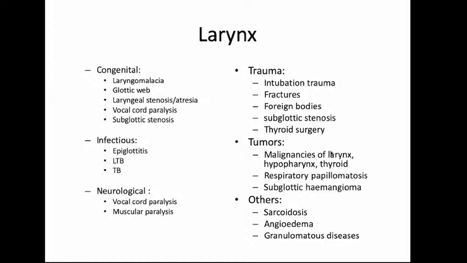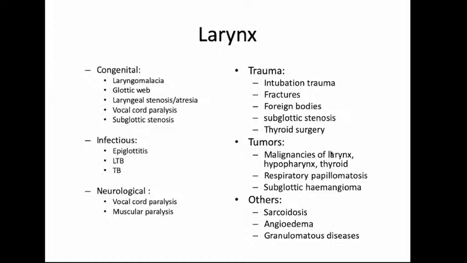Then we can have vocal cord paralysis that is congenital. And when the vocal cords are paralyzed and in the midline position, then there is airway obstruction. And occasionally you get a stenosis below the glottis, which we call subglottic stenosis.